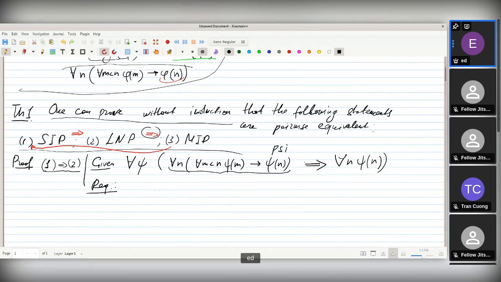I can just take some arbitrary phi, and prove that if phi holds for some m, then there exists some n for which phi holds as well, but for every number which is less than n, phi fails. Is it clear?